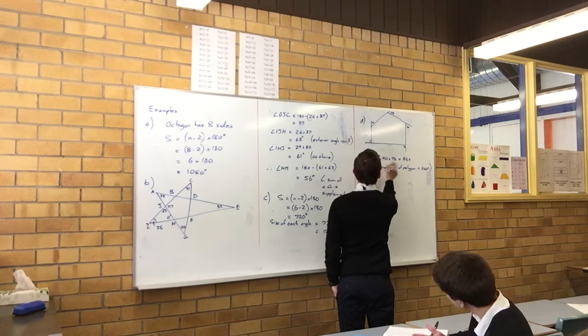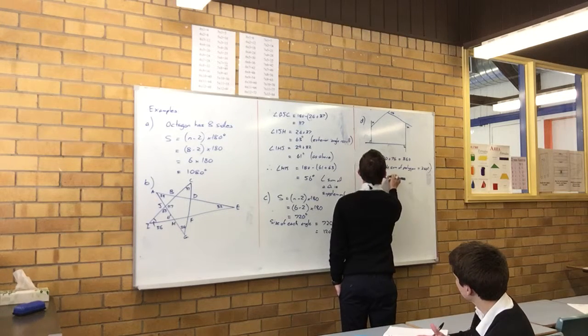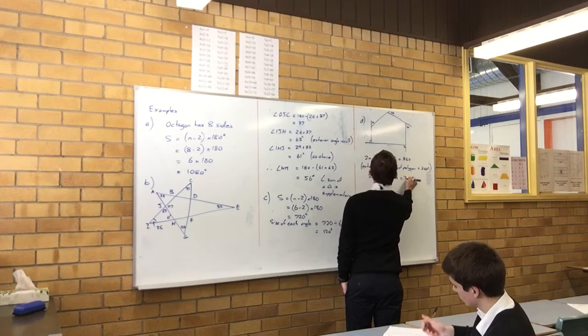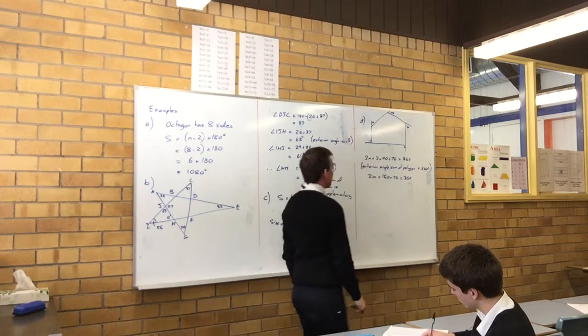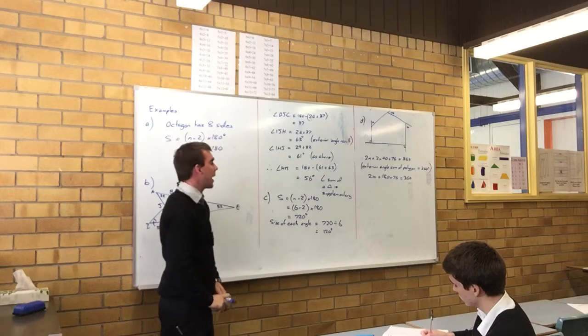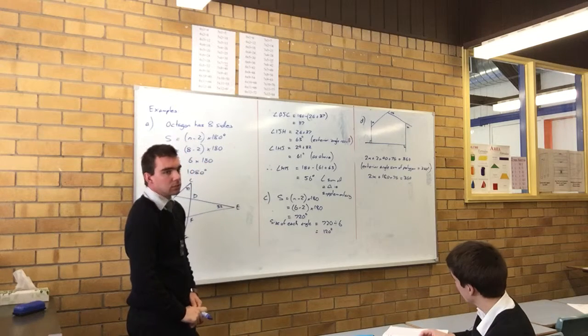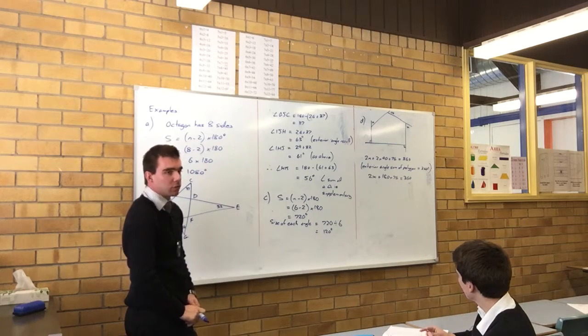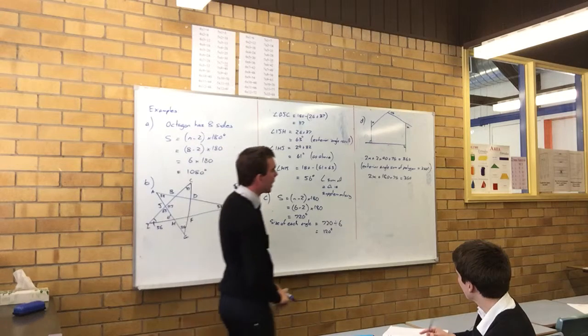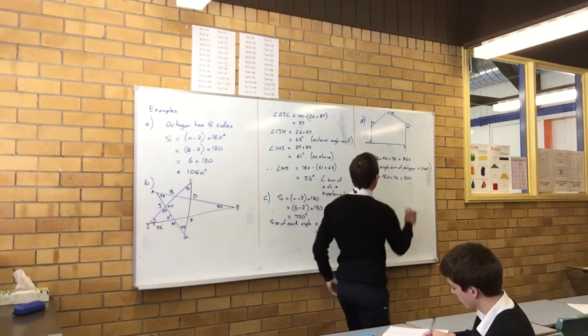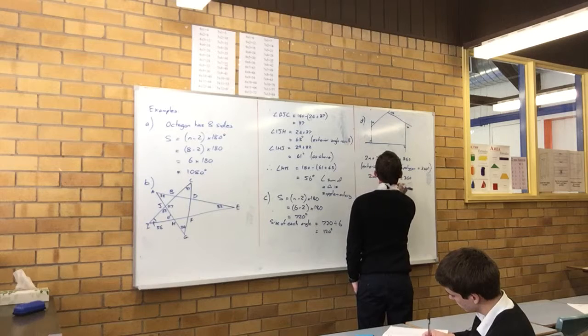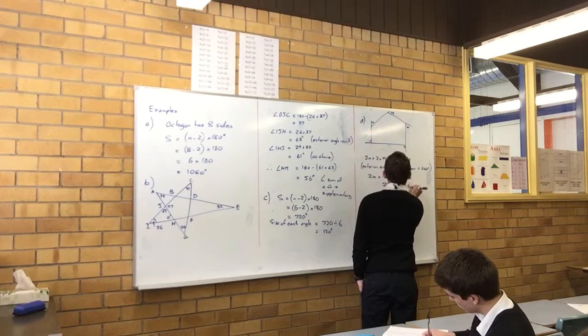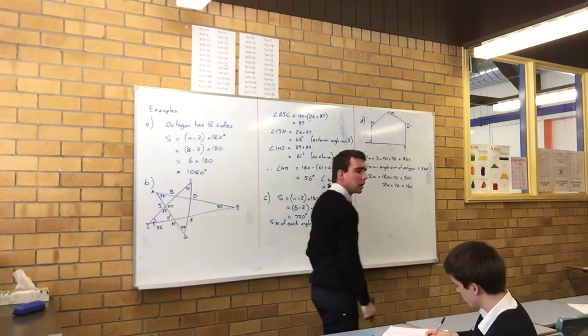Alright, to simplify, collect your like terms, 180 plus 76. Instead of adding 180 and 76, because we know 180 is half of 360, I'm going to move the 180 over to the other side. So 2x plus 76 is going to be 180, so 360 take away 180.